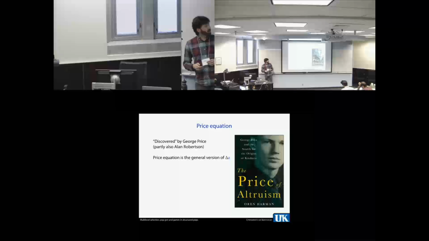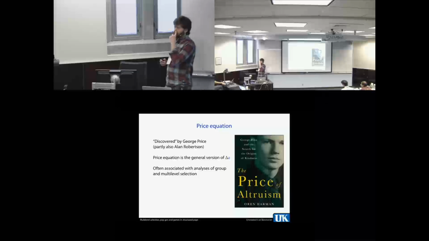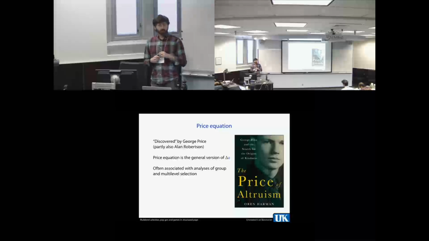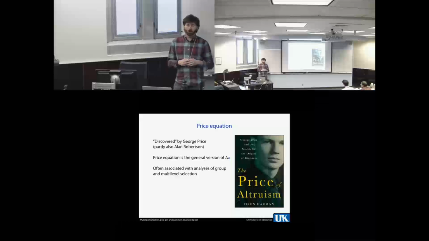The Price equation is just a general way to express this change in either allele frequency or phenotype frequency, and we'll dissect it into its component parts in a bit. If you've done any reading in the evolutionary biology literature, it's often associated with analyses of group selection or multi-level selection, but it's quite general, and you can use it whether you're interested in those problems or not.